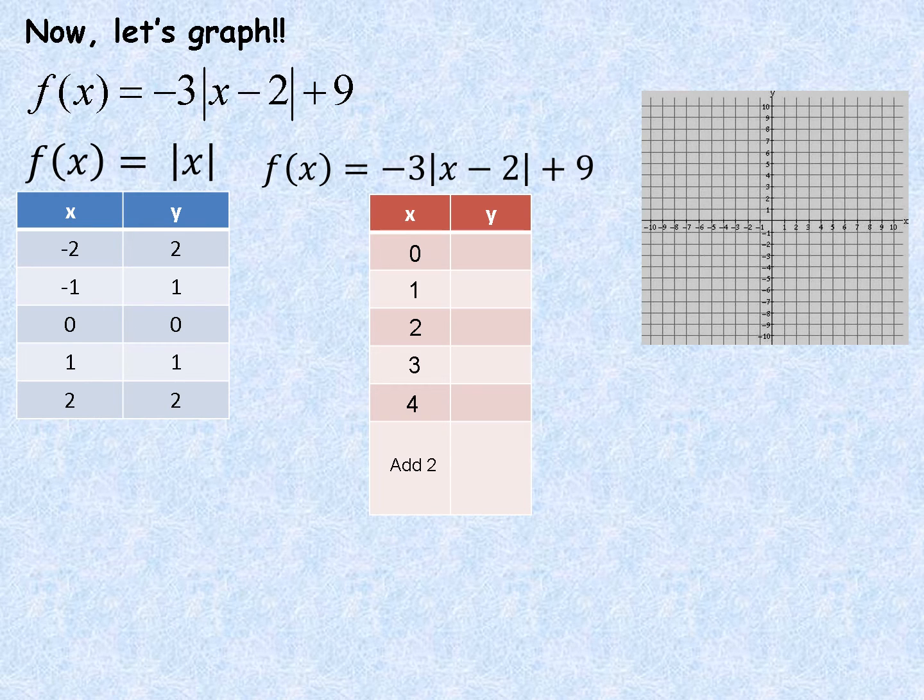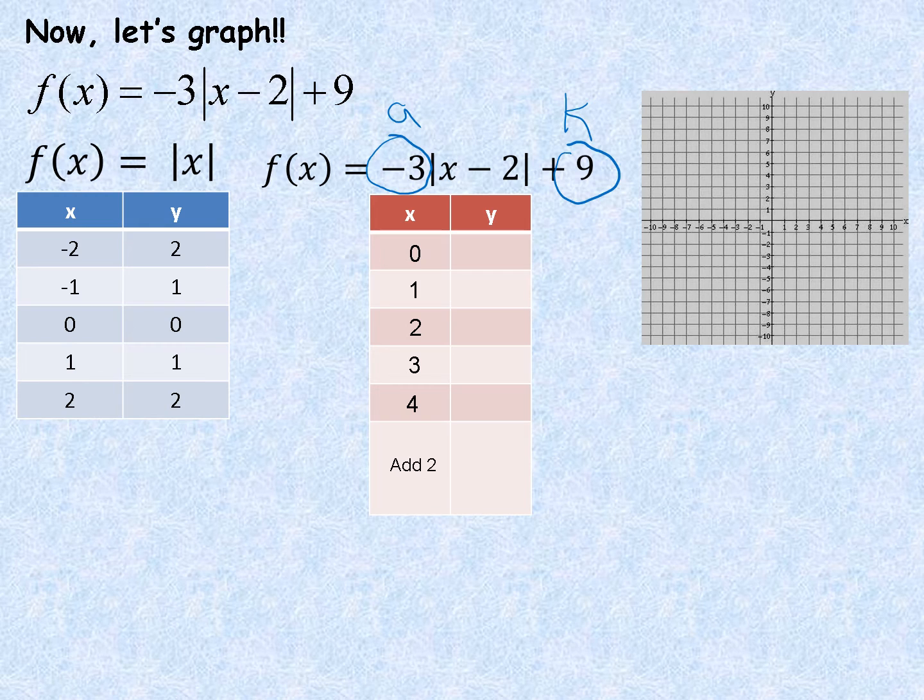Now, in terms of the y values, those are affected by a and k. But remember, a is a multiplying factor, k is an addition or subtraction factor. So everything outside those absolute value bars affects the y. So a and k are going to affect the y.